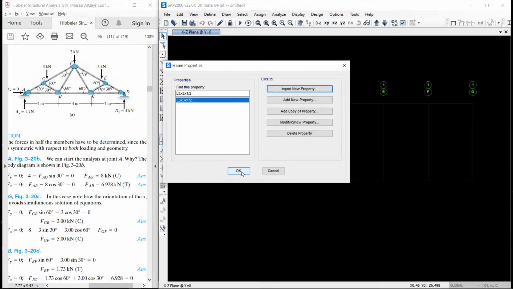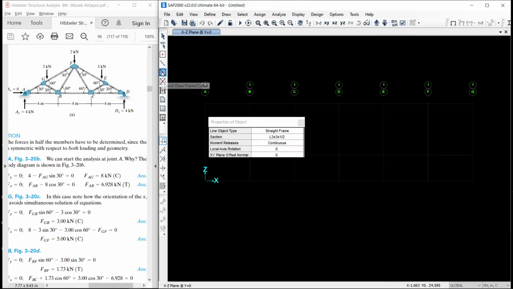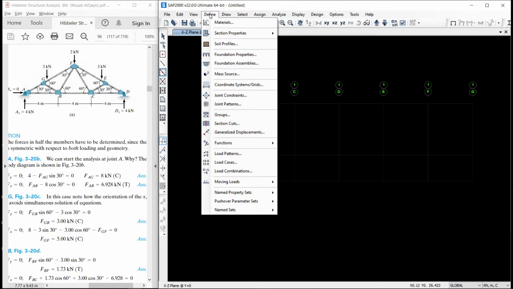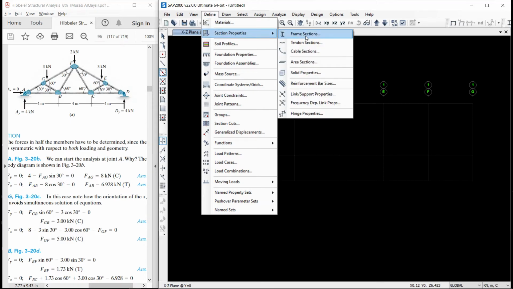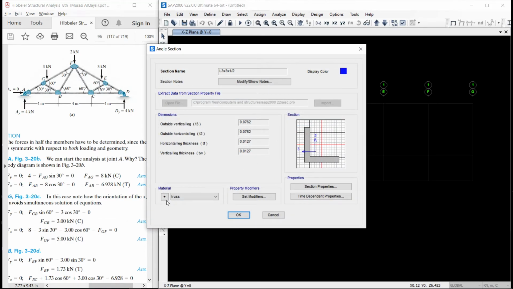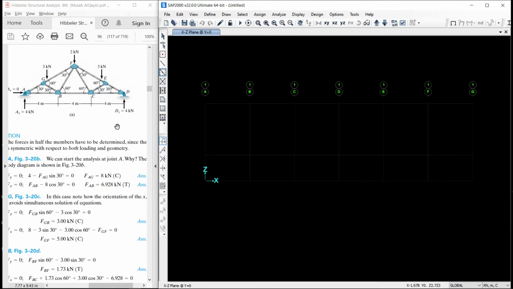Okay, right. Section property frame here. Okay, by default we took truss, no problem, that's good.